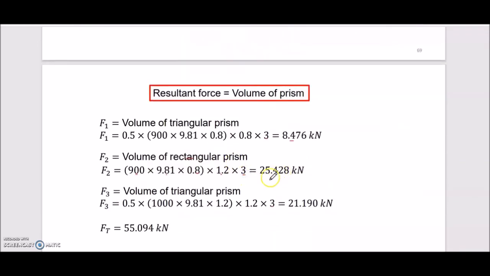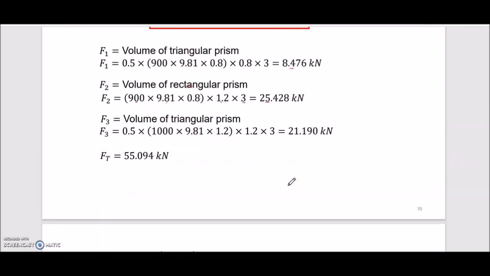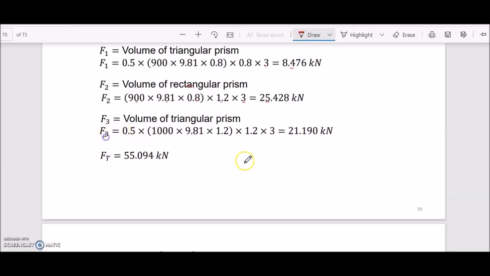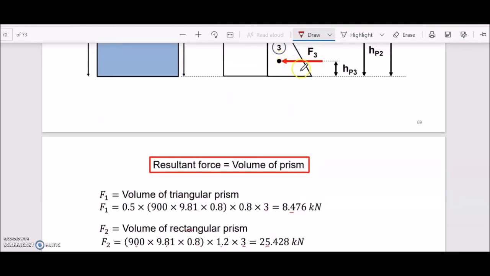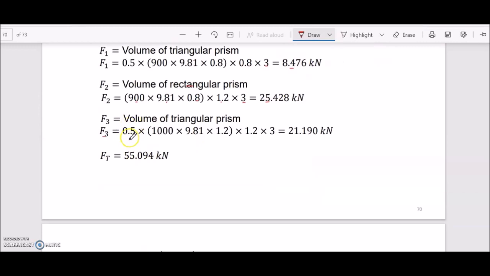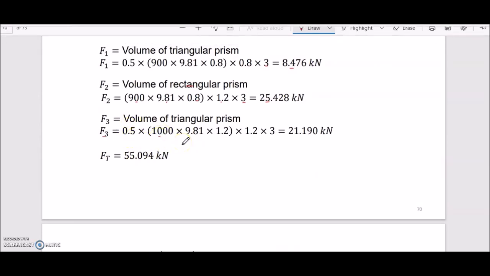So we have 25.428 kilonewton. And then for F3, we have a triangle, so 0.5 times 1000, because it is the density of water, times gravity, times the height 1.2, times the width 3, so we get 21.19 kilonewton.